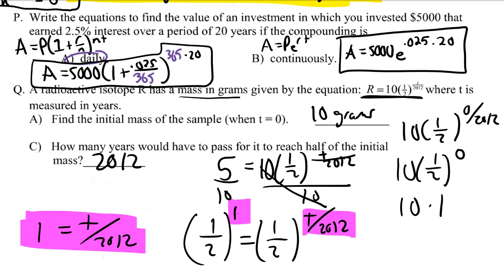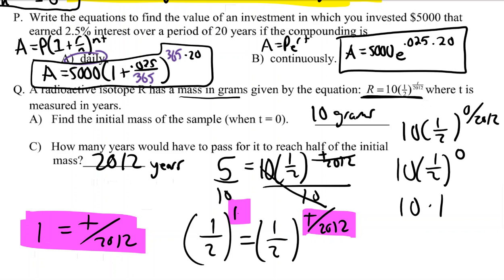For whatever made up isotope that is, to go from 10 grams to 5 grams, it would take that many years. But again, I know the answer is in the formula there, but you might remember that for the quiz and then not for the test. It's better to just think about what is half-life, set it equal to that, and solve, because it always kind of solves the same way, so you can figure it out in a moment.